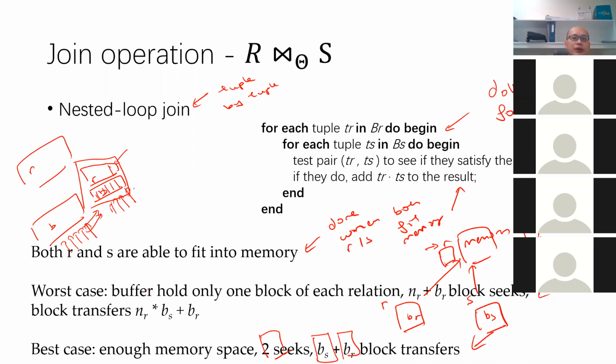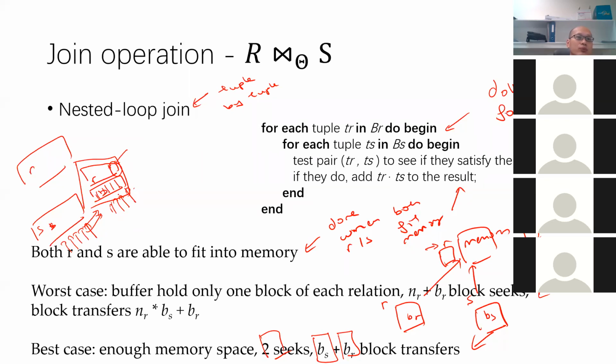Can you see this? So every single tuple here, I need to redo it for every single tuple in all my blocks of relation S.